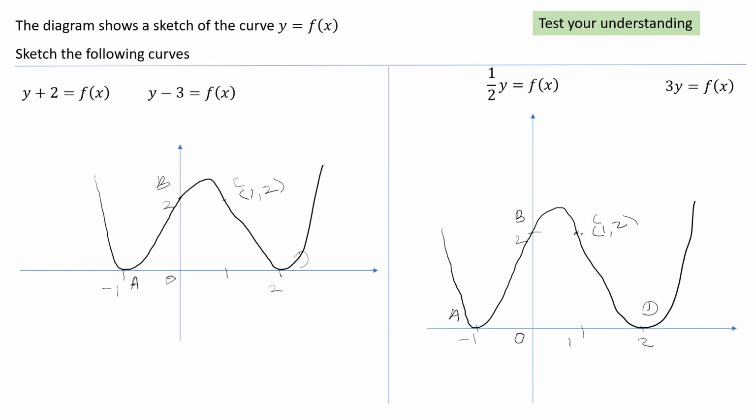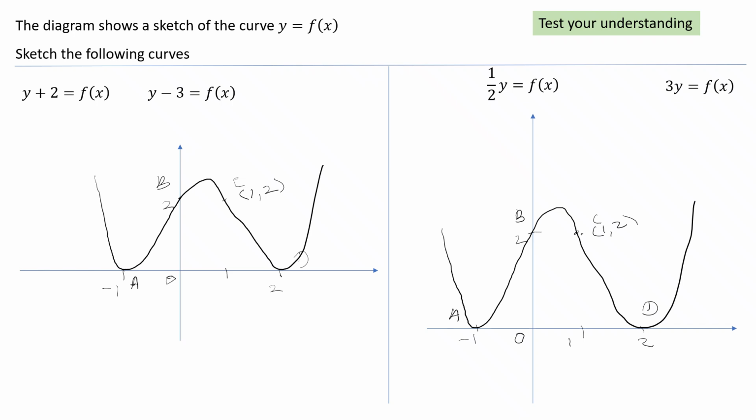The diagram shows a sketch of the graph y equals f(x). Sketch the following curves. So first one, y plus 2 equals f(x). Before we sketch the graph, we need to change this equation to y equals something.